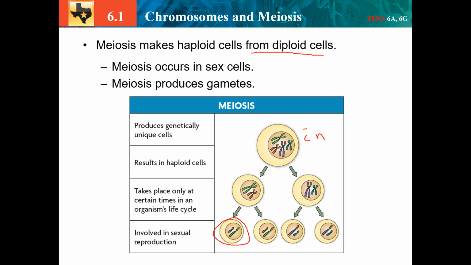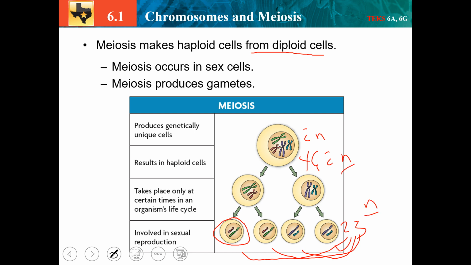Meaning in humans you would start off with 46, and then you would end with 23 in each of these cells. So 2N and N. And each of these cells produced during meiosis is genetically unique. Each sperm or each egg that's made is going to be genetically unique to another sperm or egg.